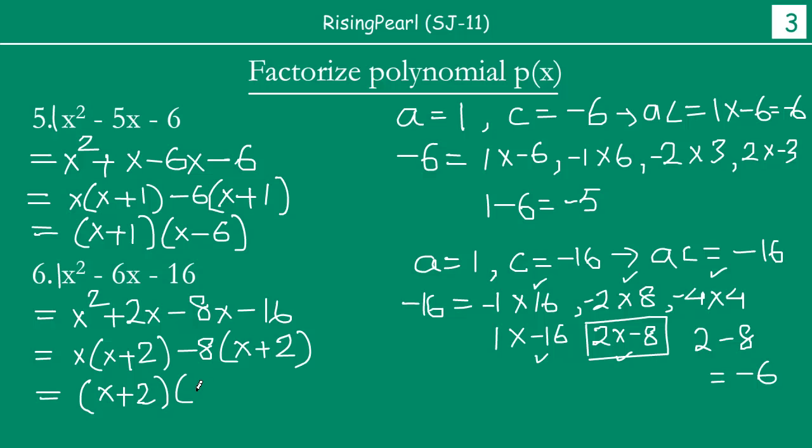And then to get the first term, you have to multiply this by x. To get the second term, आपको इसे multiply करनी है with minus 8. So दोस्तों, x square minus 6x minus 16, अगर आप इसे factorize करते हो, your answer is x plus 2 times x minus 8.